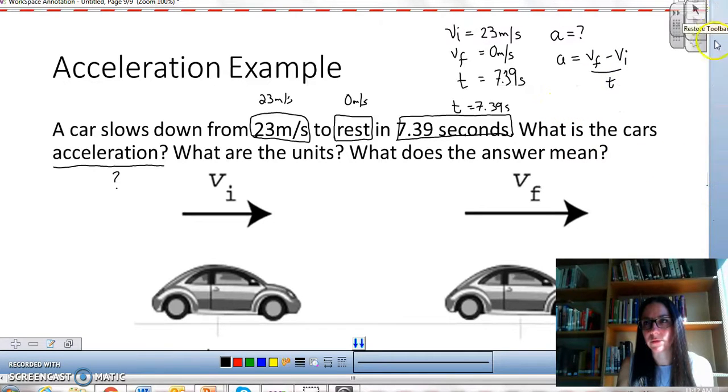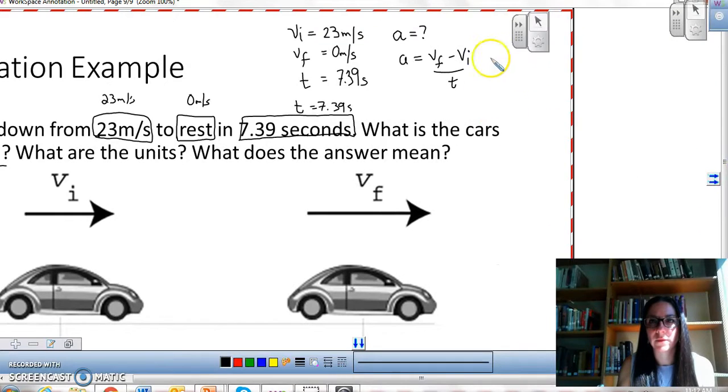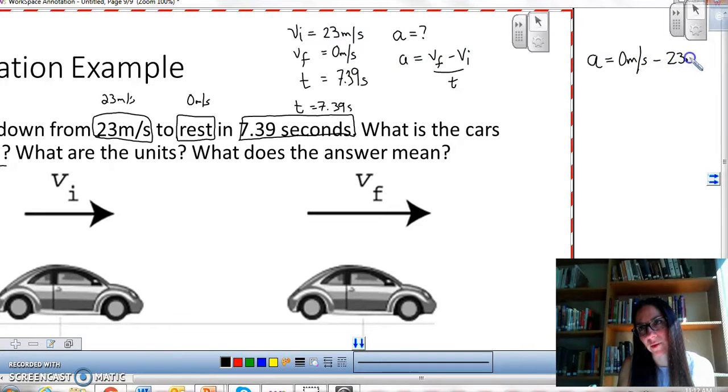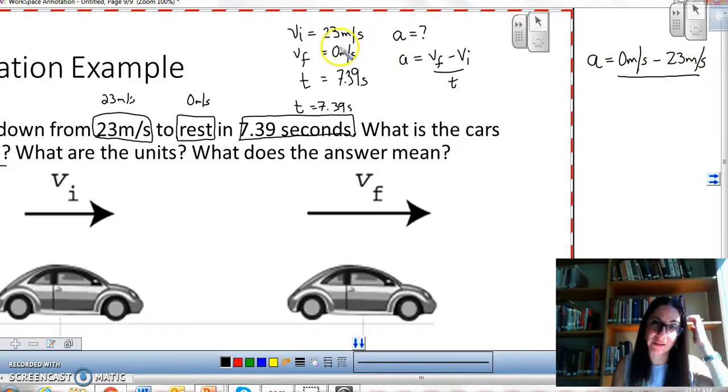So I'm just going to move this over. If I go ahead and plug this in, a is going to be my final velocity, which is 0, minus the initial, which is 23. It's very important that you walk through this step because sometimes you will see this and automatically think 23, which is a good shortcut, but in this problem we actually need to take into account the direction, so this negative sign matters.